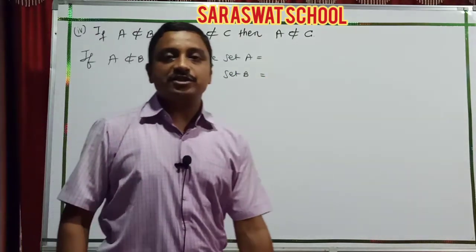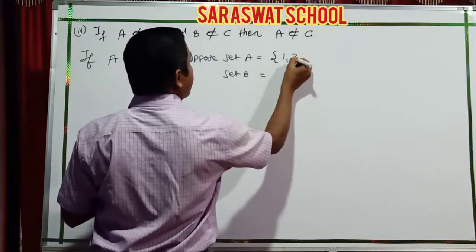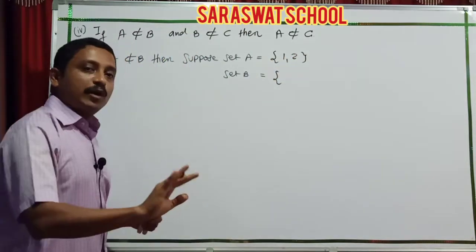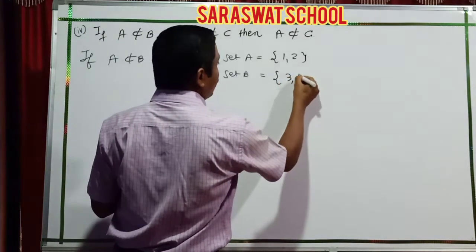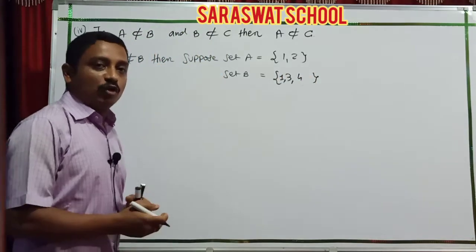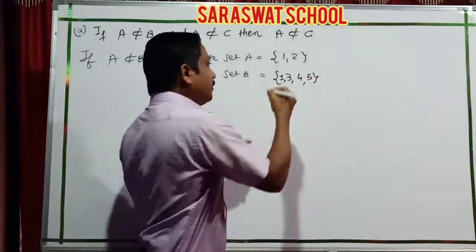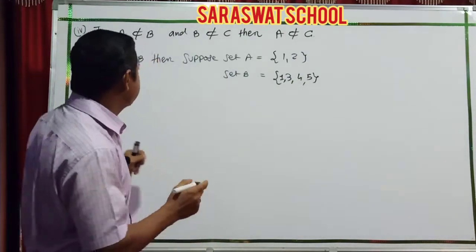According to A not a subset of B, I just make assumptions. For A, take 1, 2. For B, take different numbers, right? 3, 4, just like that. 1 is also fine sometimes, 1, 3, 4, 5 I can also take, okay, but 1, 2 I never write down, because here A is not a subset of B.